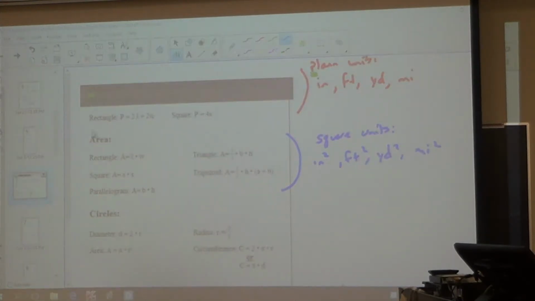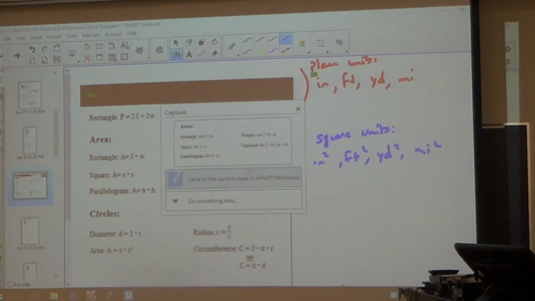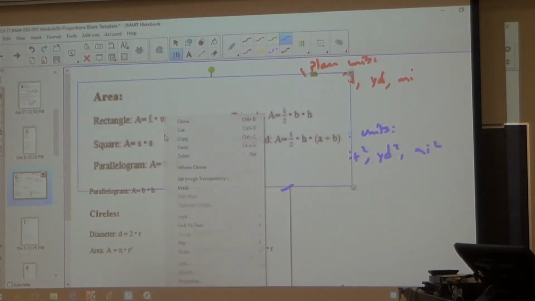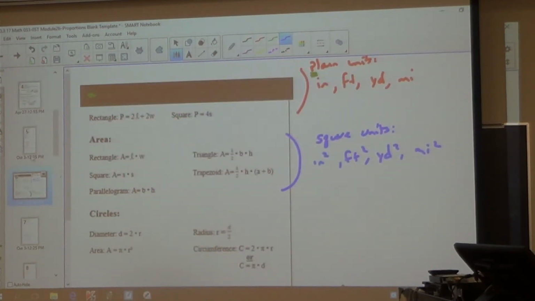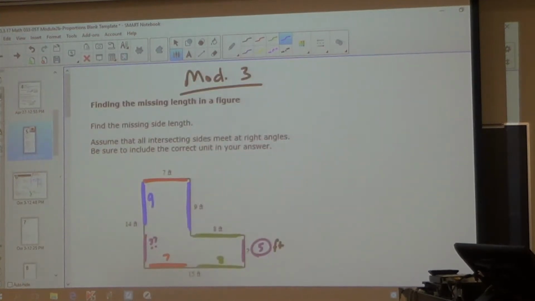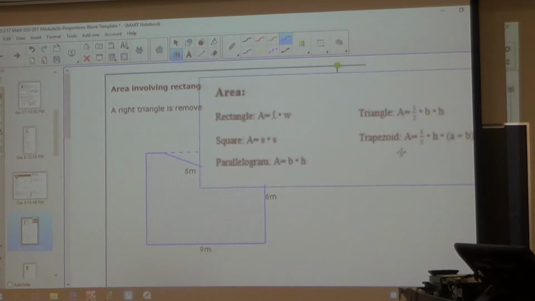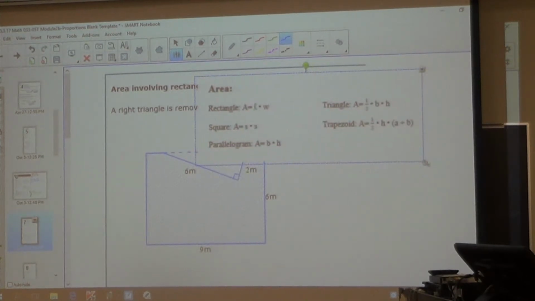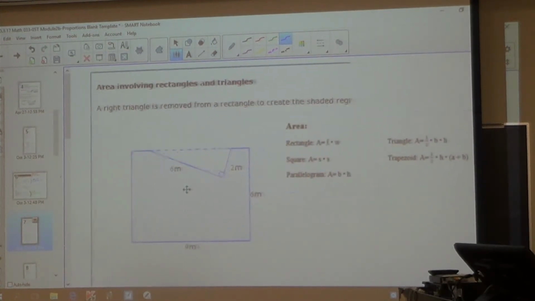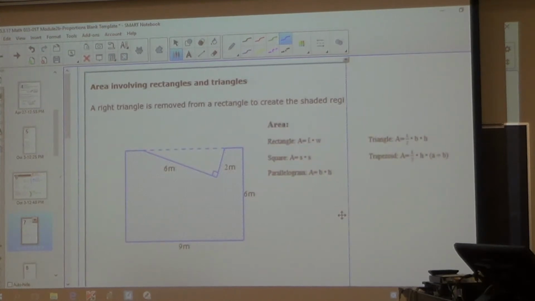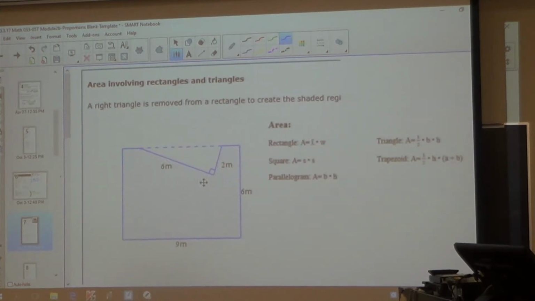So when I'm doing area, it has to be one of these shapes. So can y'all see that? That's kind of blurry. Area has to be one of these shapes. So let me explain the shapes to you.